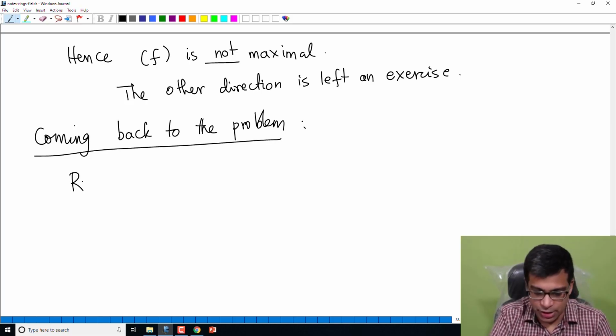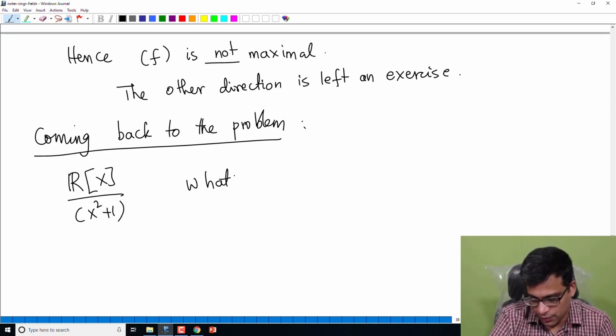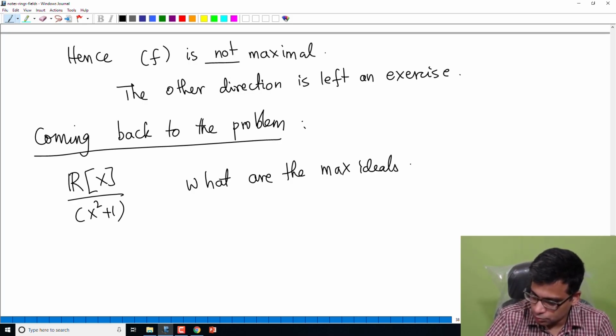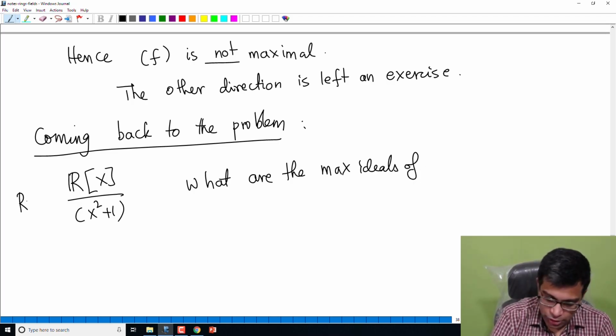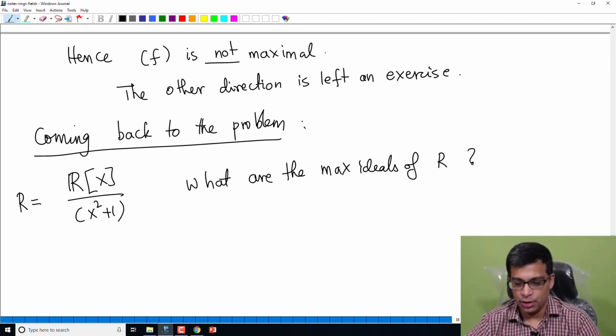So let's first consider the quotient ring R[x] mod x squared plus 1. What are the maximal ideals of this? Let's call this ring R. What are the maximal ideals of R? This is, remember, the third part of the previous problem.